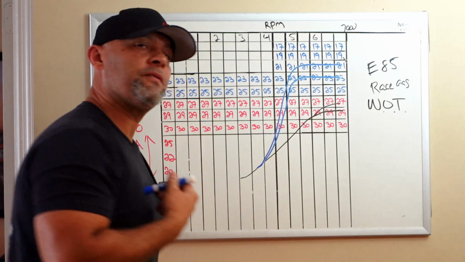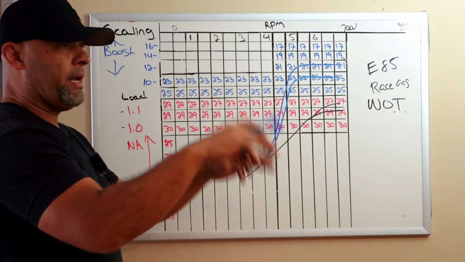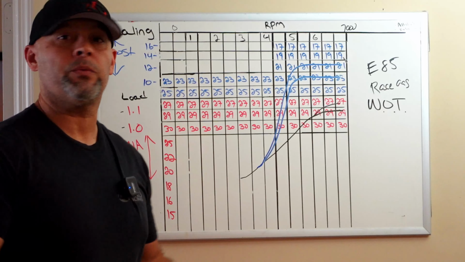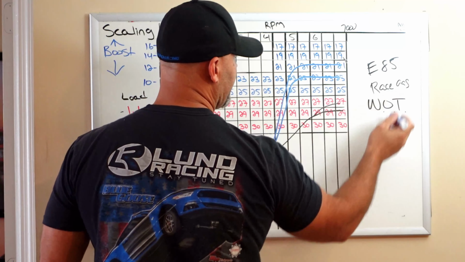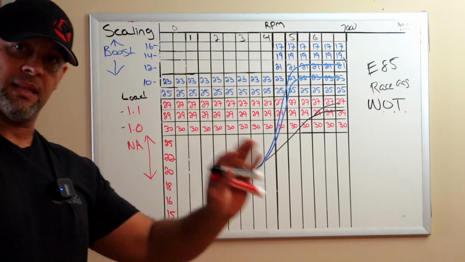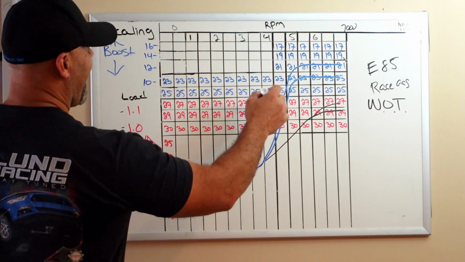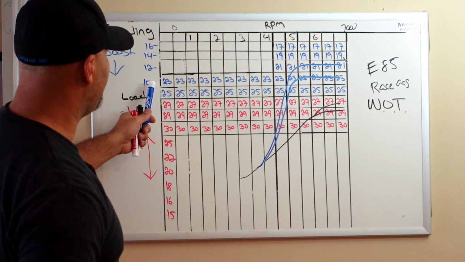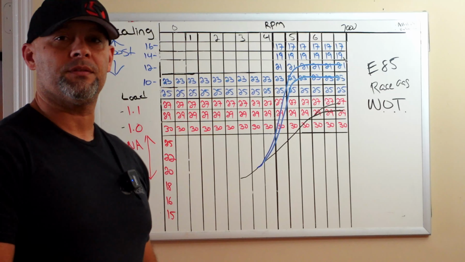But because I work for Lund Racing and we scale the calibrations so that, go ahead, add a pulley, it's going to make more power, it's going to see less timing, so we just say log it. And if you have good octane or race gas under WOT conditions and you have all the fuel on the planet, a Level 2 and up Innovations fuel system that is boost referenced, I can comfortably say that after dialing in your tune from 10 to 16 PSI, I probably don't have to touch your tune.